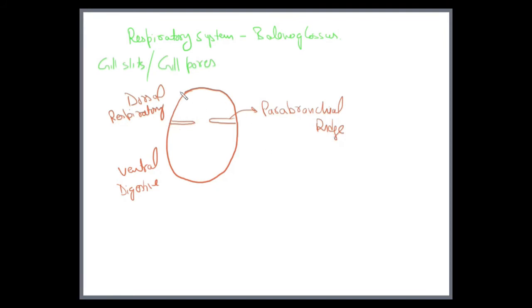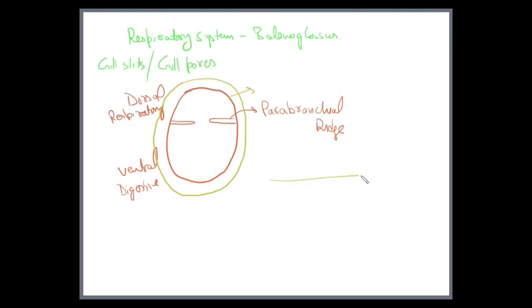Now this is the pharynx, and outside it lies the body wall. The dorsolateral side of the pharynx, this portion, is perforated with numerous gills. So if we view the lateral side of the pharynx, it will look like this.